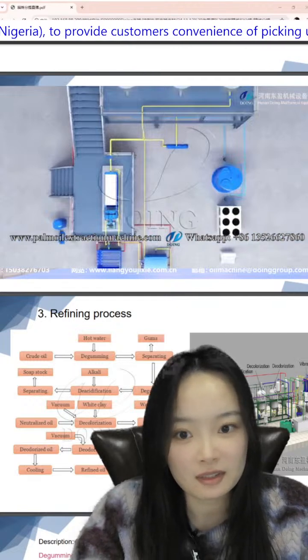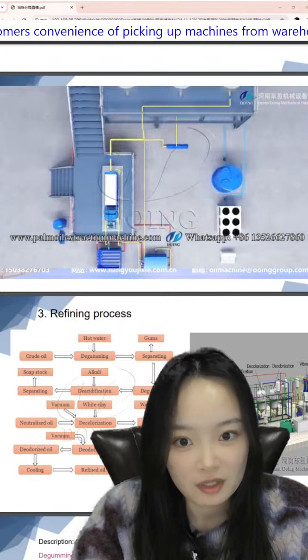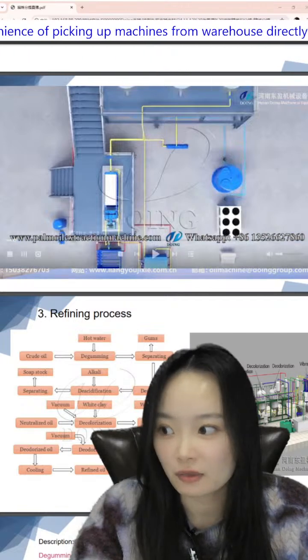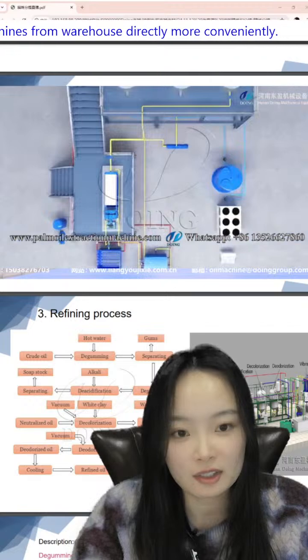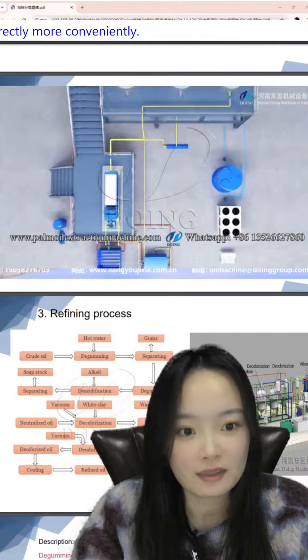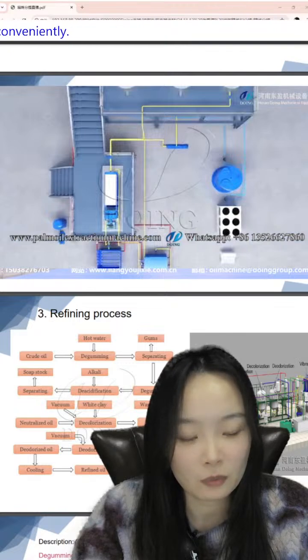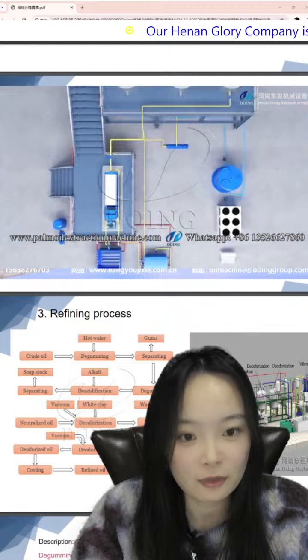You can see this chart. First is the crude oil, and then degumming. In the degumming part, we will add some hot water, and then we separate the gums from the oil, and then we get the degummed oil. And then to the next part.